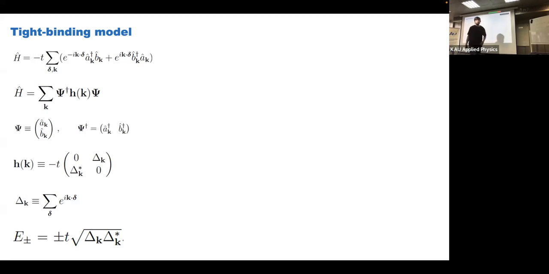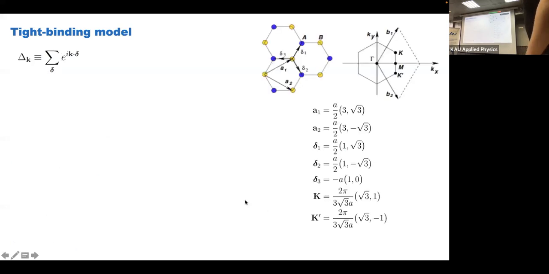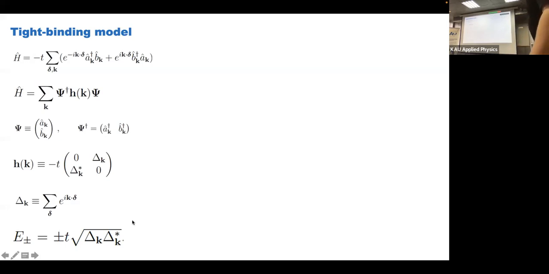So it's the energy of this system of two atoms, and this is what we were looking for. But these deltas, delta k and delta k complex conjugated, are rather ugly and hard to deal with. So this is the general form.